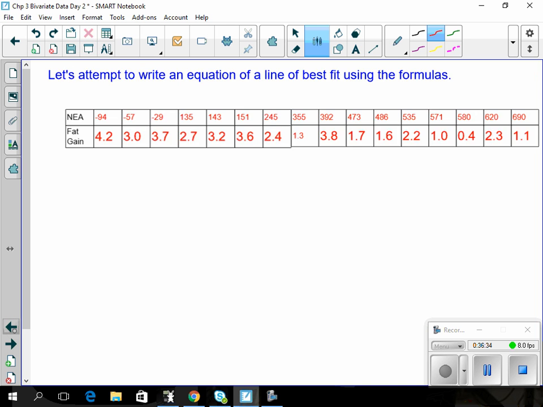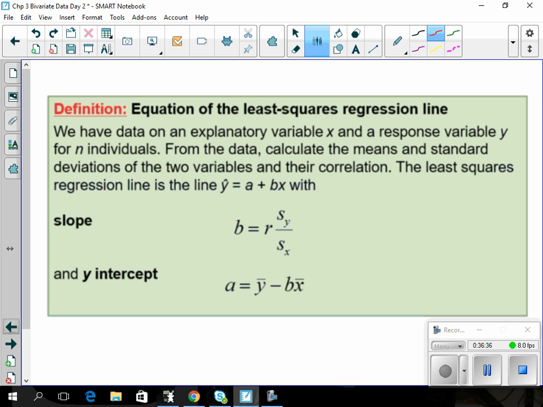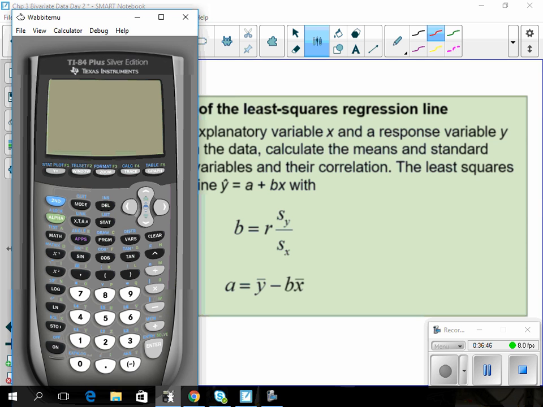All right, let's do our original data set. So what was our original? We have the original data set in our calculators, don't we? Okay. Let's do it without the outlier. So Kathy, do me a favor and make sure you have it without your outlier. Go ahead and delete the outlier on your calculator.